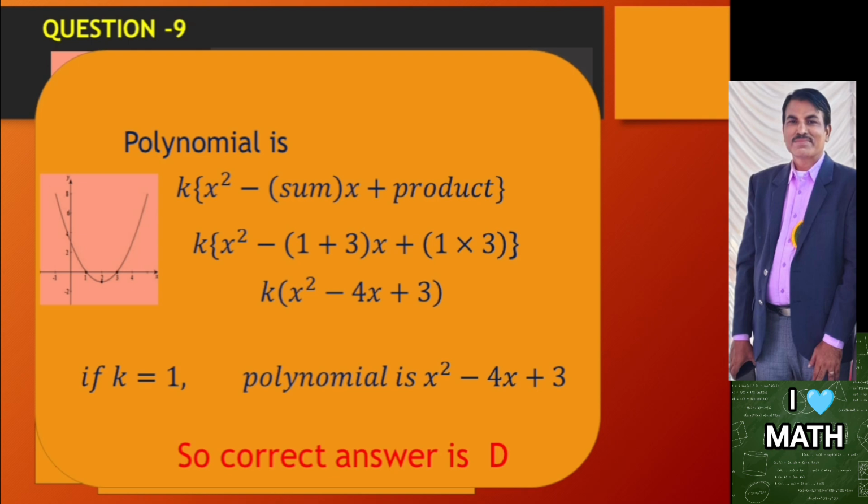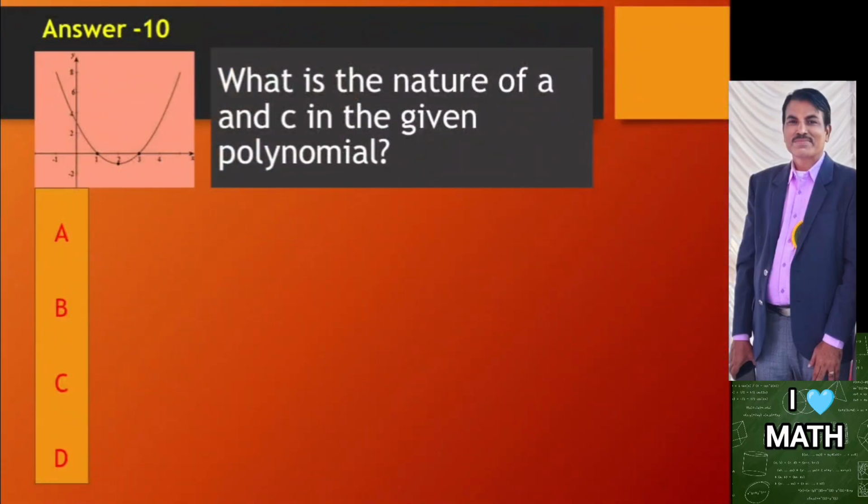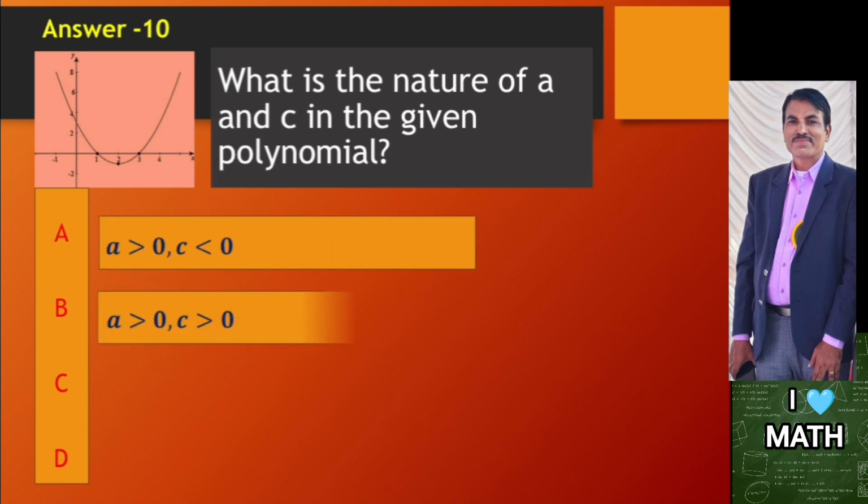Moving on to the last answer, it is answer number 10. What is the nature of A and C for the polynomial? Remember, if the parabola opens upward, then A is greater than 0. It is positive.